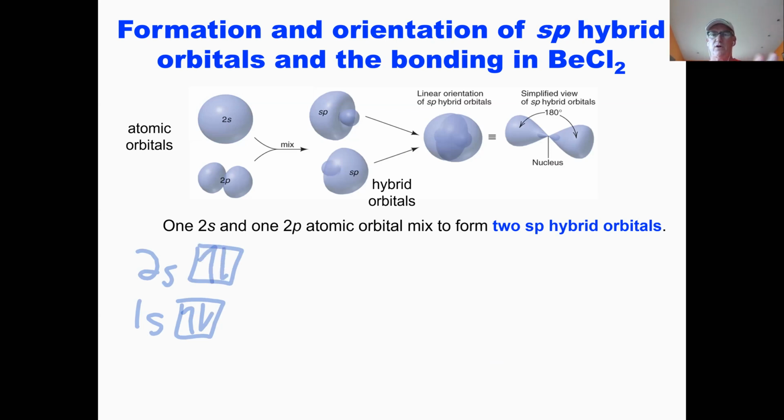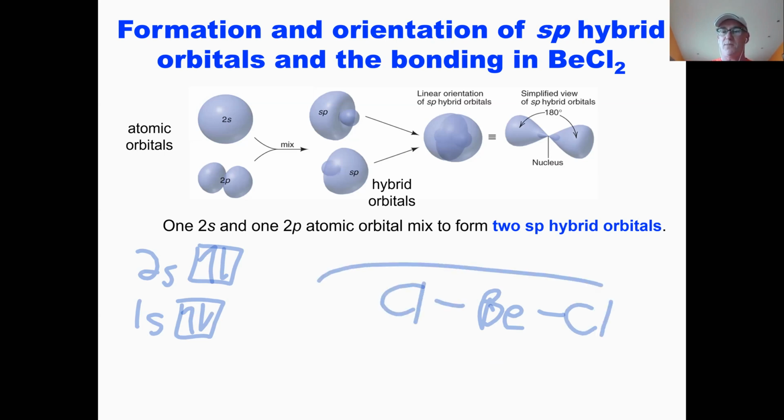But when we look at beryllium chloride, we get this shape. It's linear. We have beryllium in the middle, chlorine over here and chlorine over here, and it's a linear molecule. That doesn't make any sense, because the 2 bonding electrons of beryllium are in s.